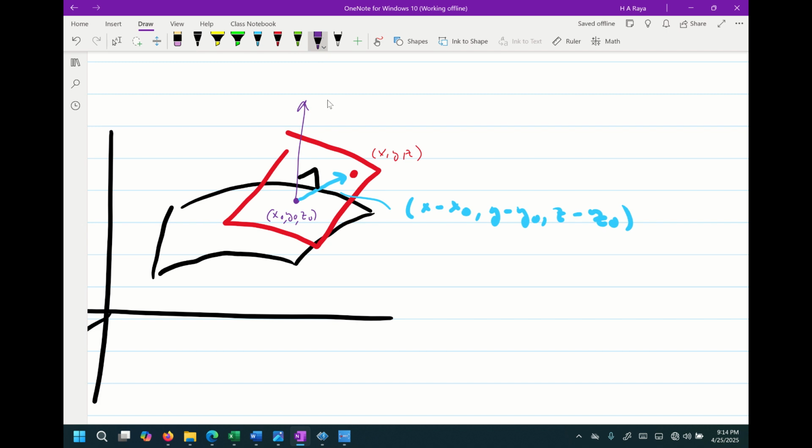For this purple vector going out of the plane, let's say it has elements A, B, and C. In a more advanced calculus class, I would be able to show you that a vector that satisfies these properties, that makes a 90-degree angle with that plane, can be obtained by the formula: negative partial derivative of f with respect to x at x naught, y naught, negative partial derivative of f with respect to y at x naught, y naught, comma 1.